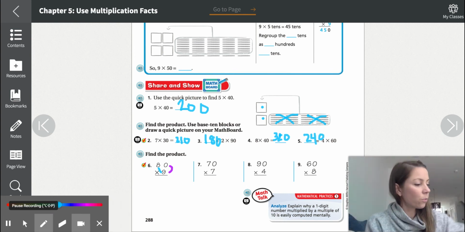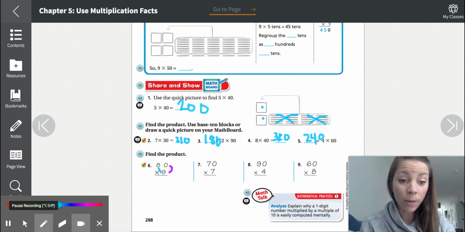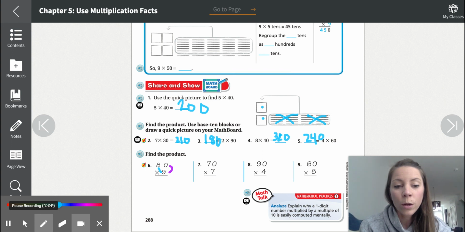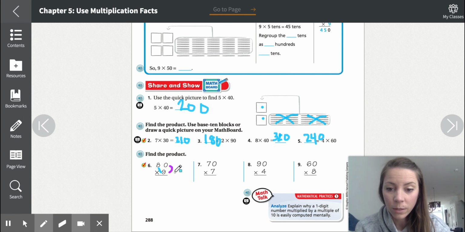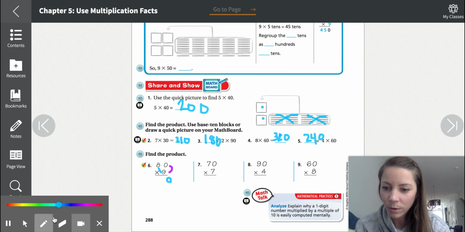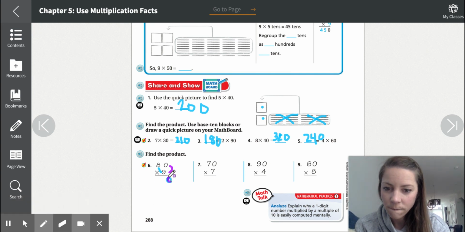Okay, last row. These ones, you can draw them if you'd like to, or you can try them with just the paper and pencil strategy algorithm steps. So I would start with the 9 and multiply my ones. 9 groups of 0 ones is 0 ones. Oop, let me do that in purple so you can see the matching color here.